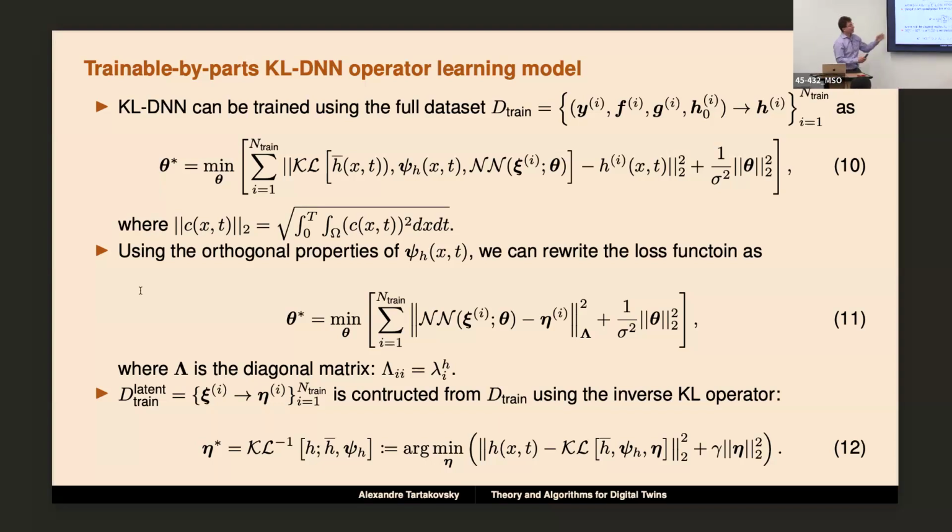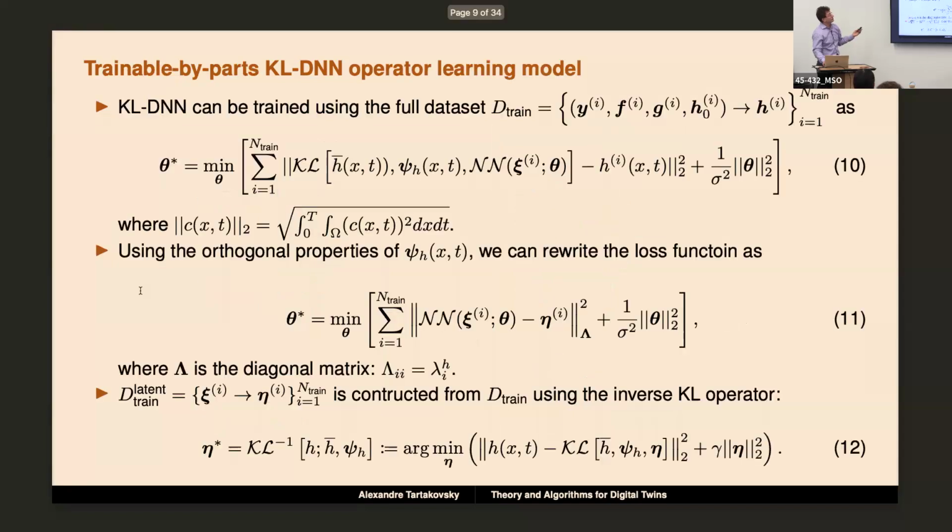Okay. So again, the advantage here is, number one, this loss function is much faster to evaluate than the previous loss function, and number two, we can use a much smaller training data set. So you can think about xi and eta as the latent spaces of our control and state variables.